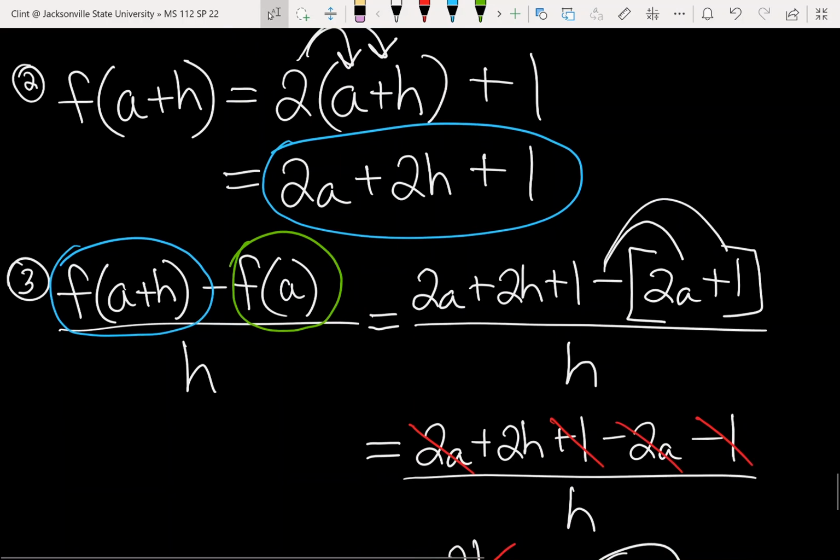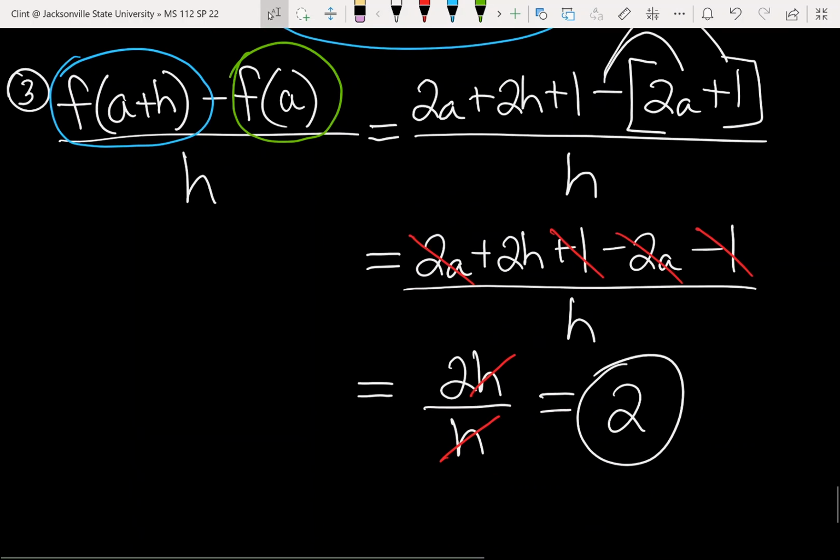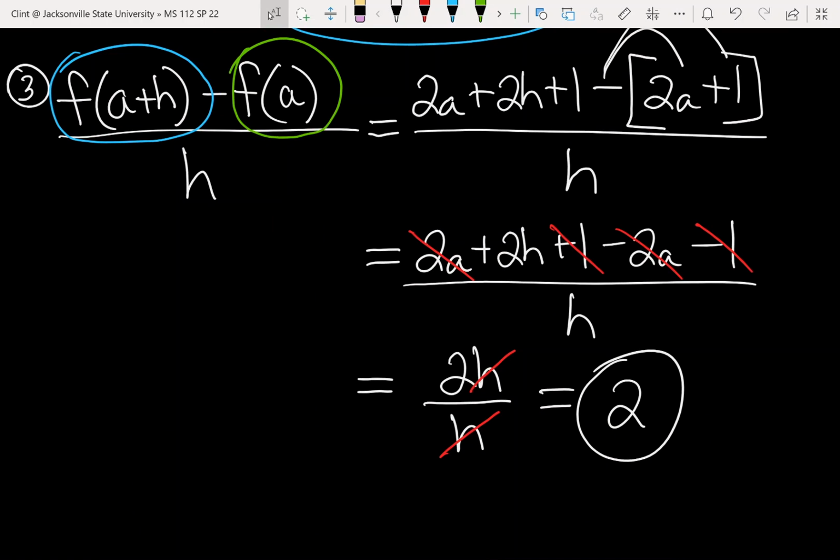And then when you go to this third step where it asks you to find the difference quotient, you just plug in your answers from the other two parts in the right place with the minus sign in between them, and then simplify. You do have to be careful though where the minus sign is, because everything that comes after the minus sign, you got to distribute the minus sign to those. Okay? That way everything cancels out the way it's supposed to, and you get the 2 down there. All right.